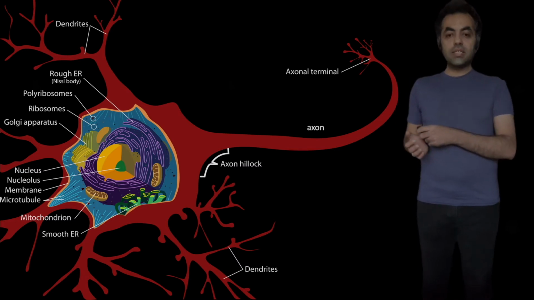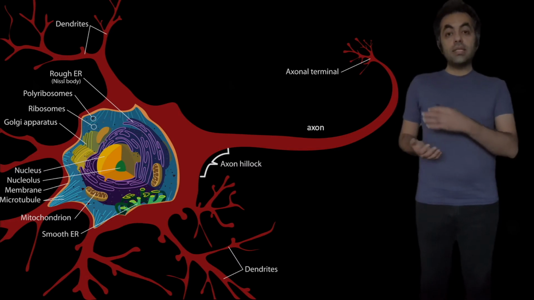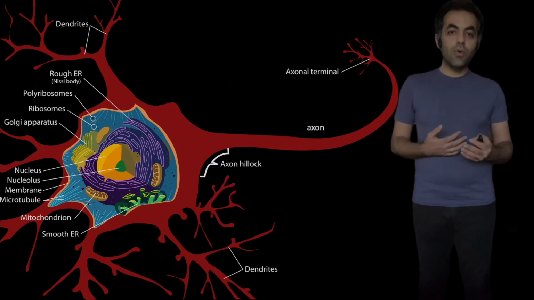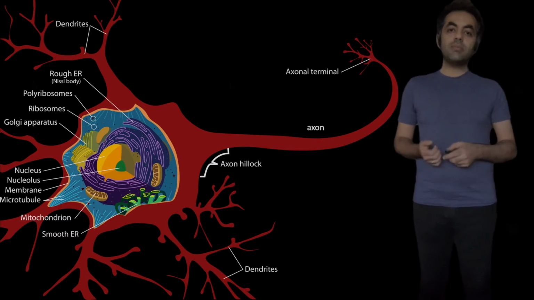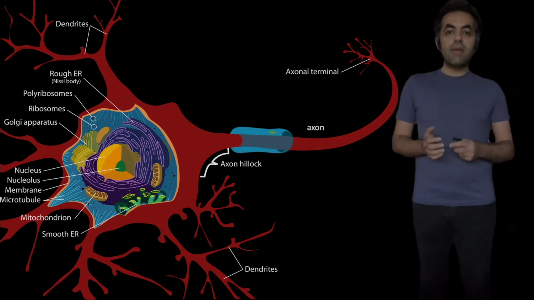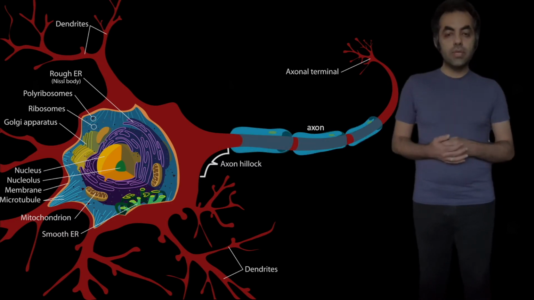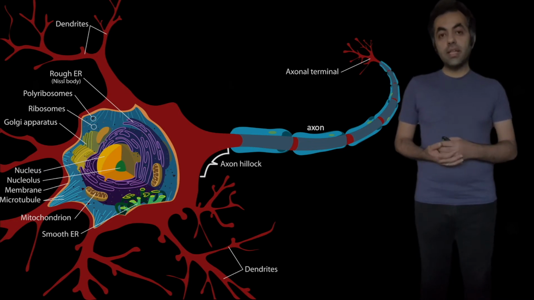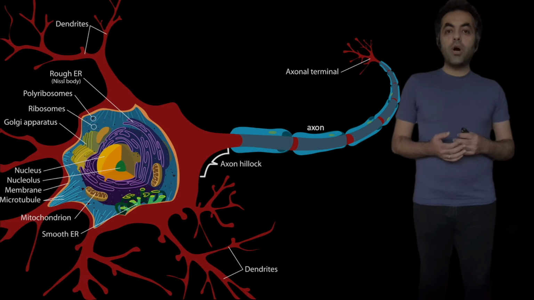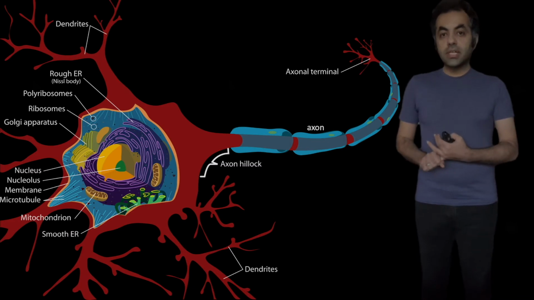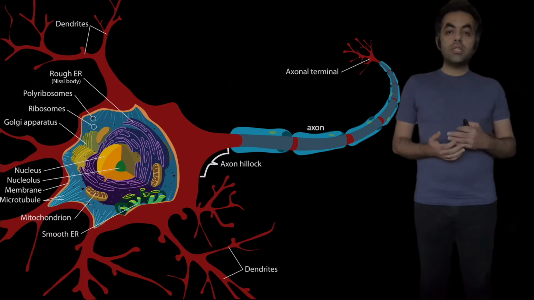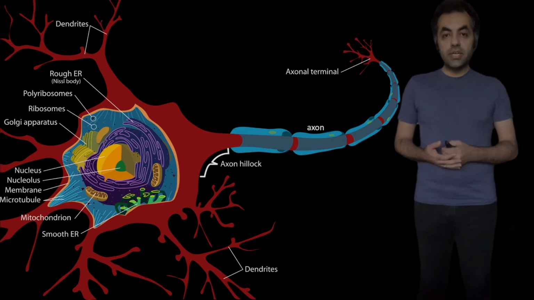As you can see here, the axons in this structure work similar to electrical wires. And similar to electrical wires, they can have insulation layers around them. These insulating layers are formed by either Schwann cells in the peripheral nervous system or oligodendrocytes in the central nervous system.